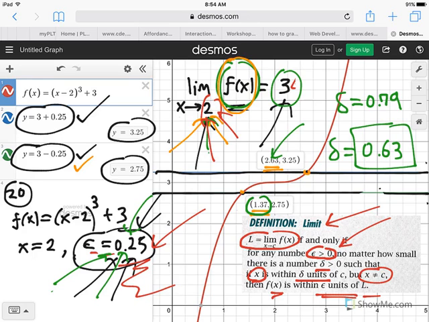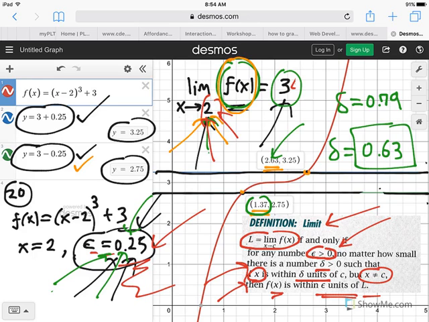So let's look at maybe 2 more values of epsilon that are smaller than 0.25 before we try to generalize from this and go on to objective 2, where you will be able to algebraically calculate a positive value for delta from this limit definition for any epsilon greater than 0.